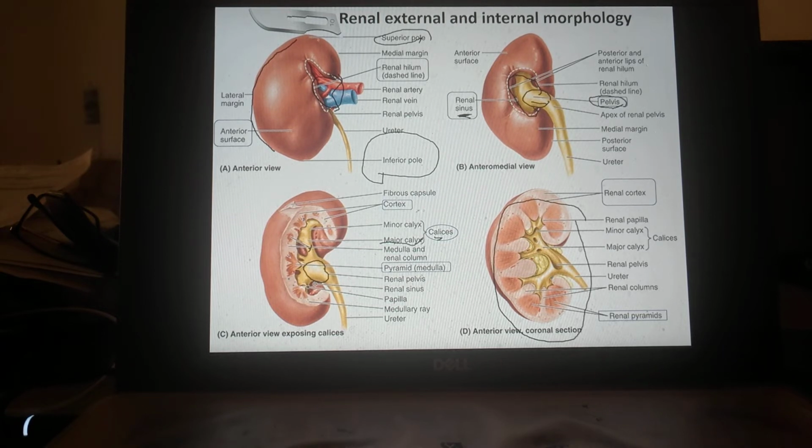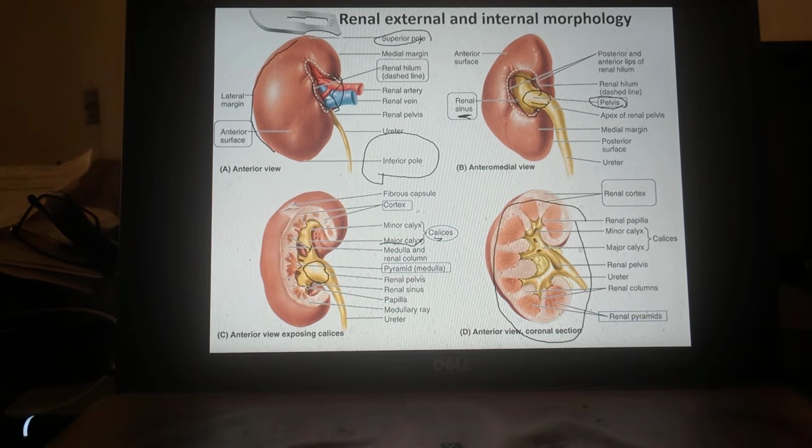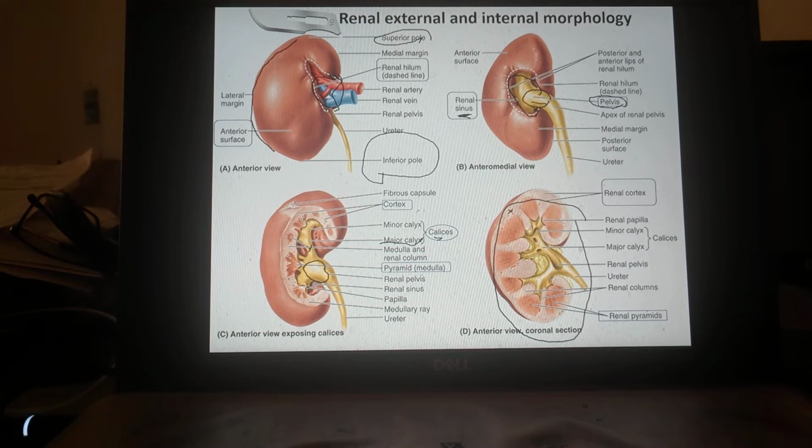When you cut the kidney longitudinally with a knife or scalpel like this to see the internal structure, you find this area is called the cortex. You find this dark area here, called the medulla, which contains the renal pyramids.